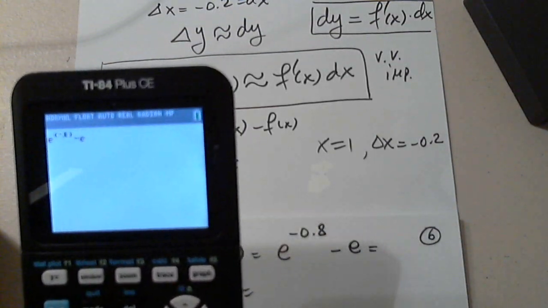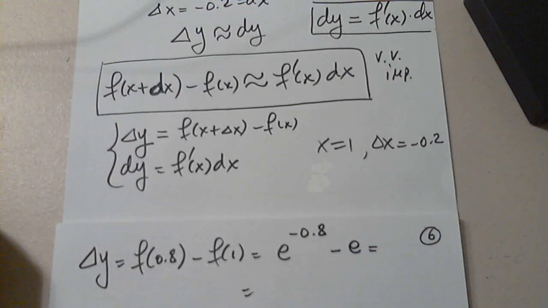Okay, I got negative 0.2, let's say 4, no, 5 decimal digits, negative 0.26895. I copied 5 decimal digits. Okay, good. So this is the exact.